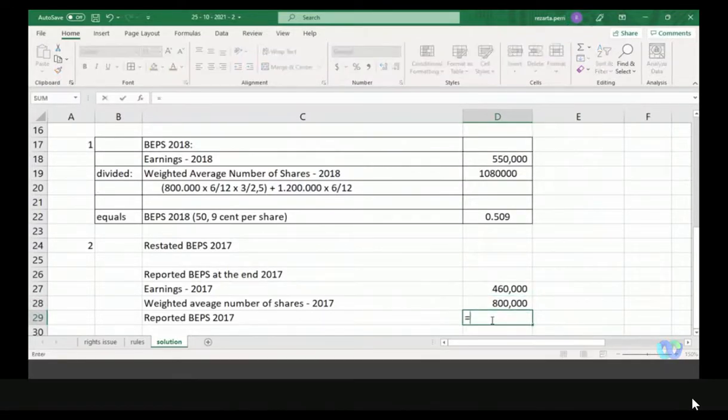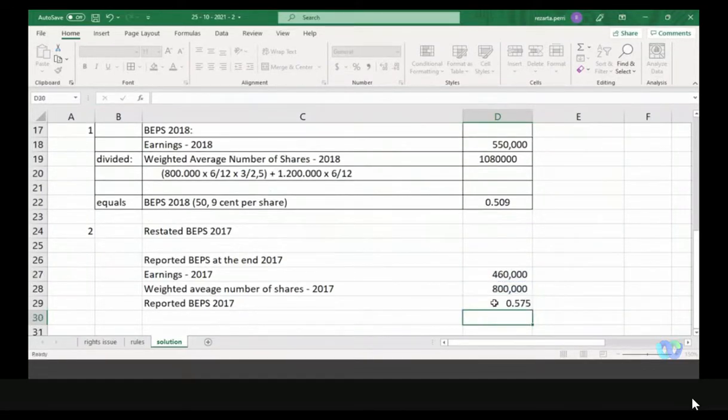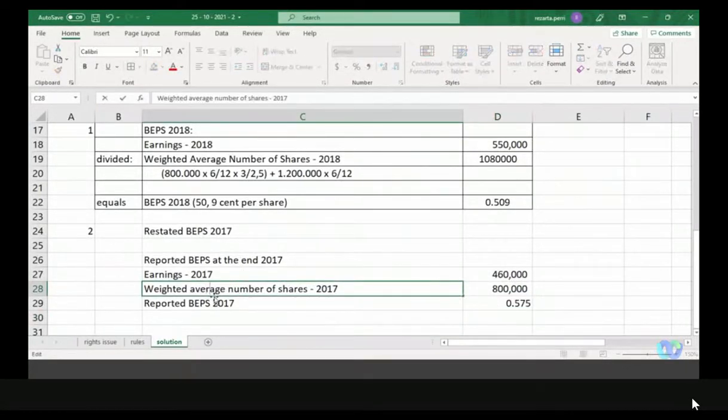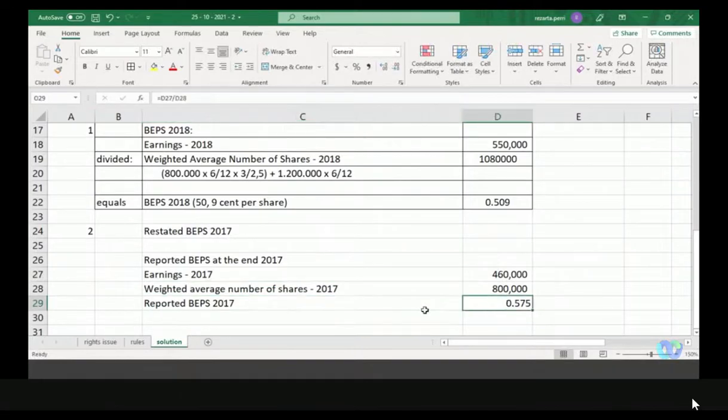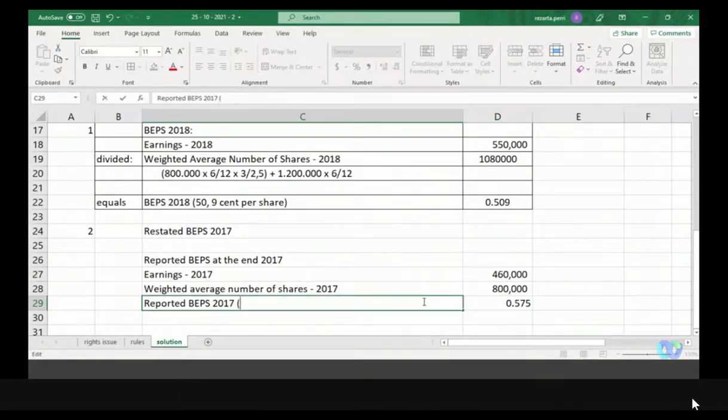That is, the reported basic earning per share for this year is simply the ratio between the earnings and the weighted average number of shares. By the end of 2017, I'm probably reporting 57.5 cents per share.